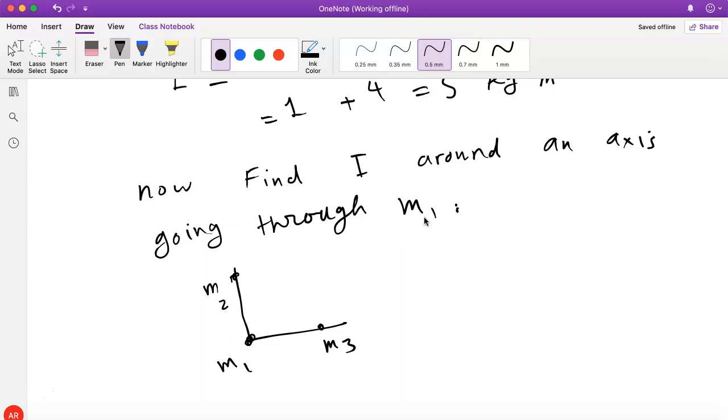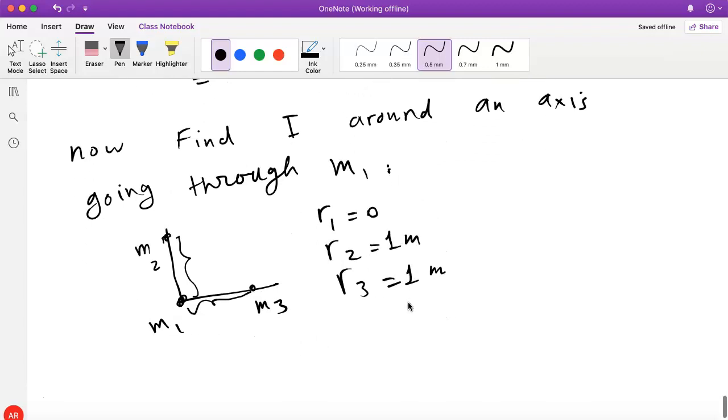Now distances change, right? So now R1 is 0 because the axis is going through M1. R2 is going to be this distance from here to here. That's 1 meter. R3 is similarly from here to here, from M3 to the axis, which is 1 meter. So the masses are the same, the distances change because I moved my axis to a different location.